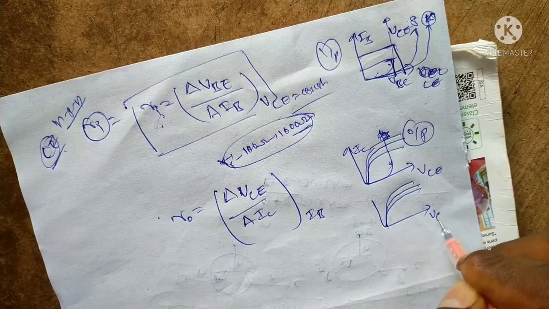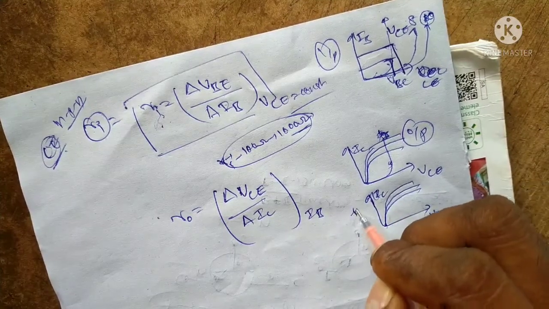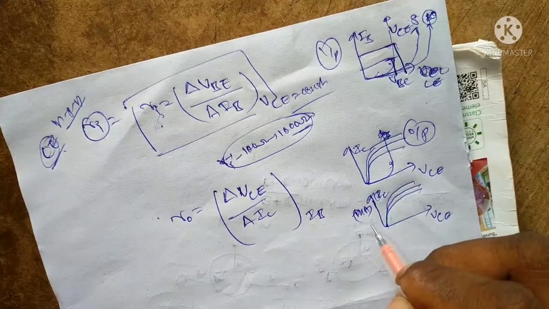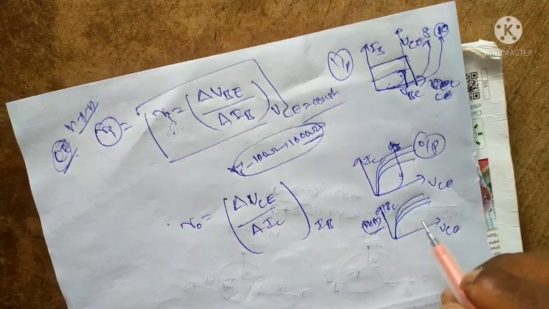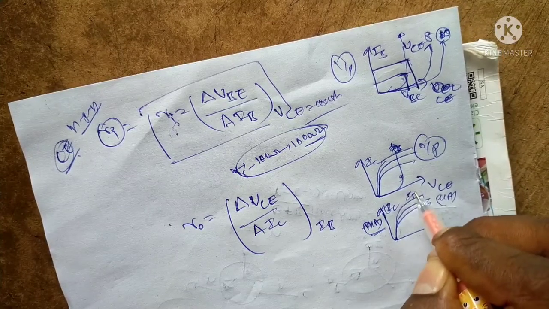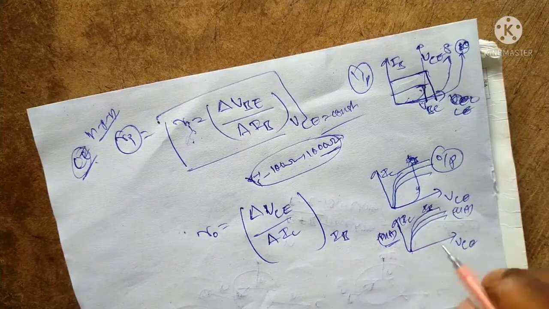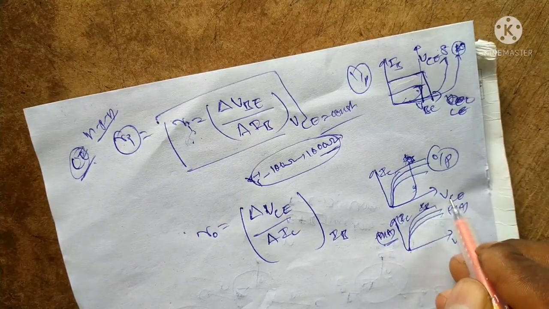VCE and collector current IC. The order of IC, the collector current, is milliamperes, and the base current is microamperes. IB is constant. This is the output characteristics of the NPN transistor.